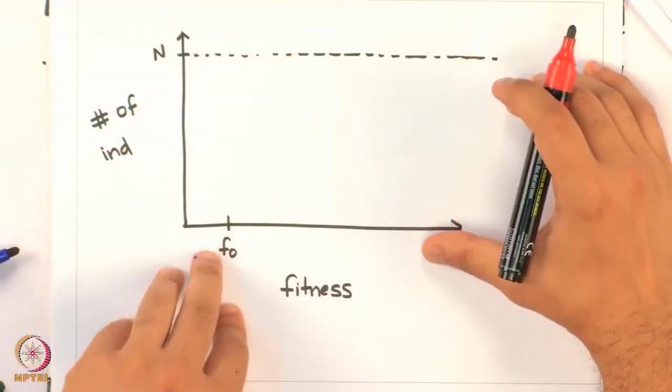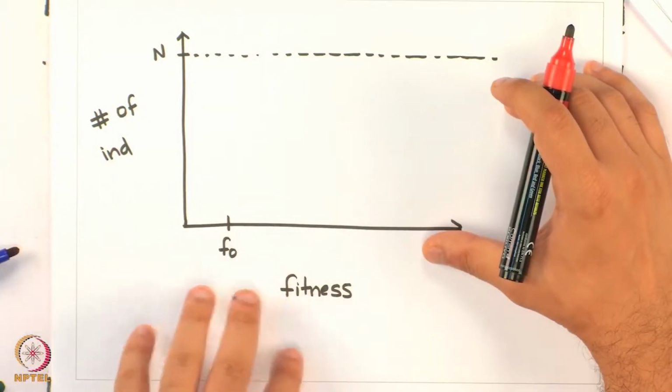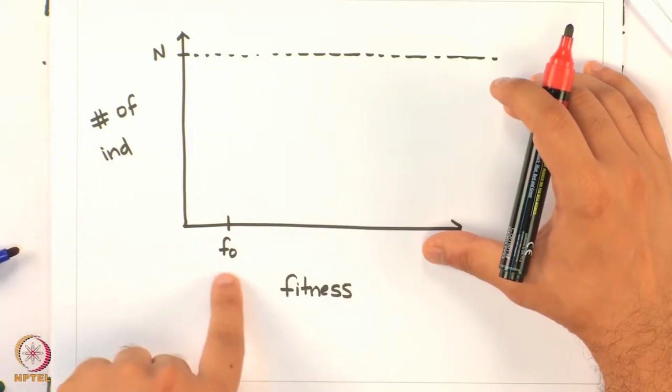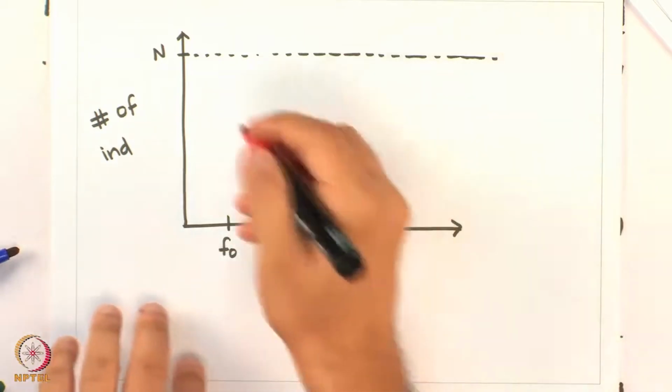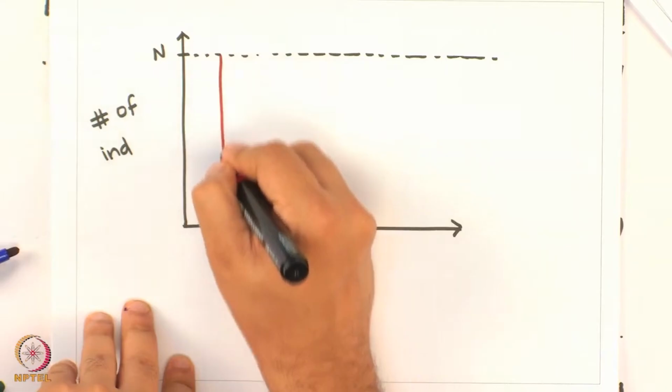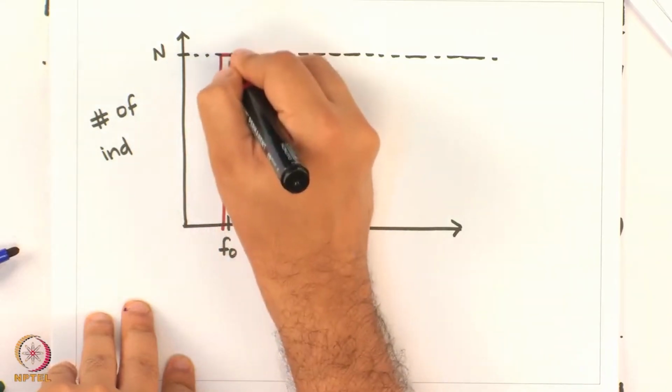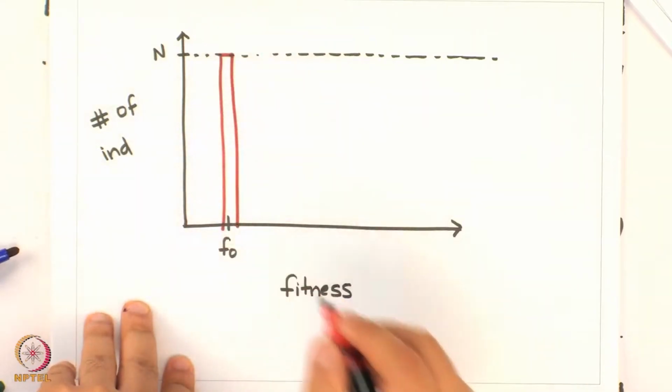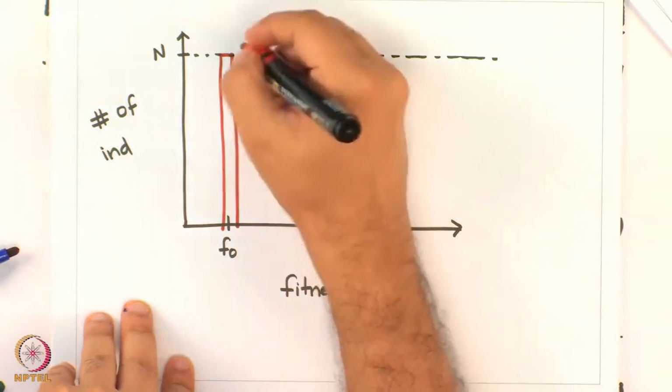So, this is like a population frequency histogram, and the question that we ask is that at t equal to 0, how many cells are present at F naught fitness? But at t equal to 0, we are just starting, there is no genetic variability in the environment. So, everybody is present at F naught, and hence this is my population distribution at t equal to t0.